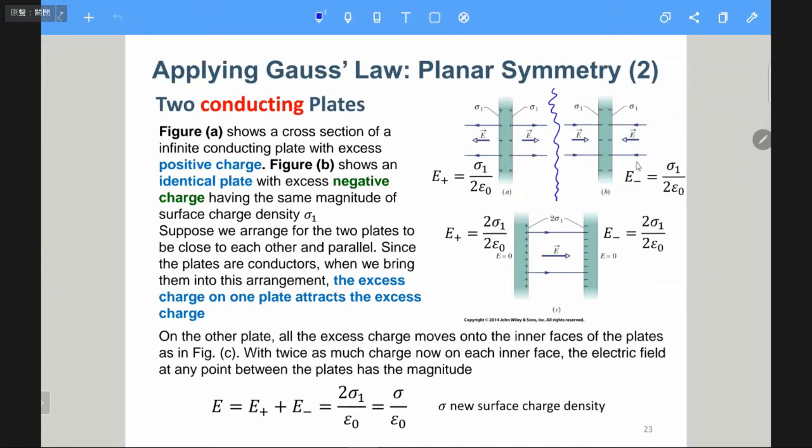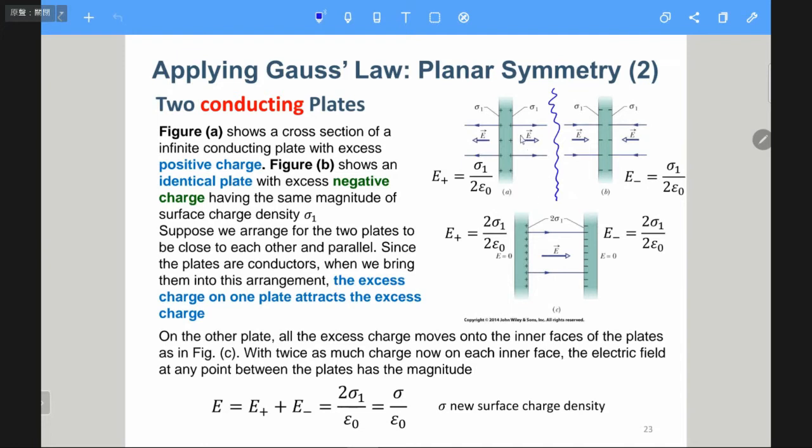And for this one, it has exactly the same charge density, sigma 1, but it is a negative charge. So in this case, the E field points towards the plate rather than outward from the plate. But the magnitude of the E field should be the same.